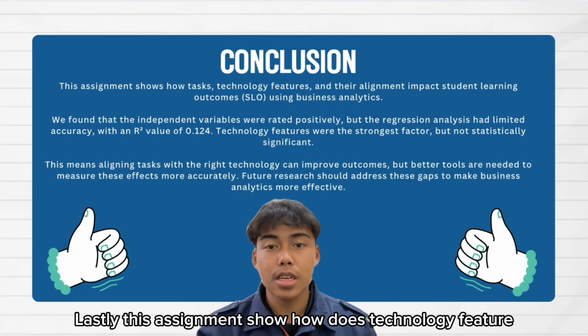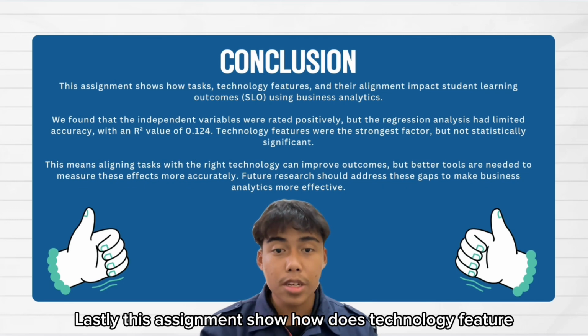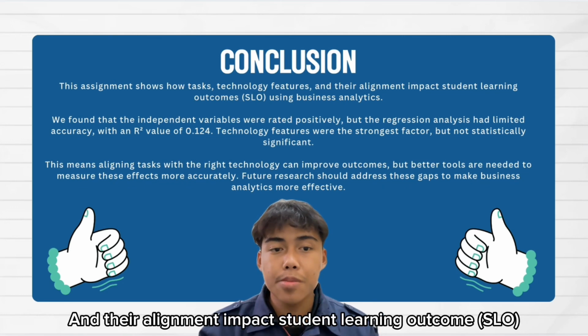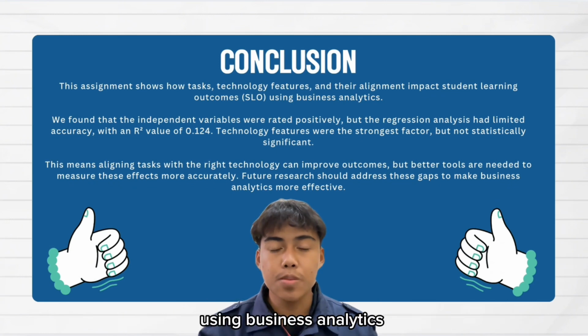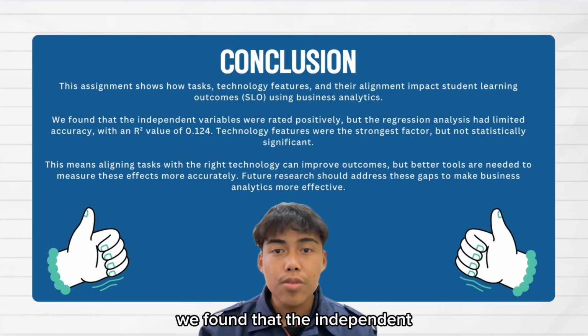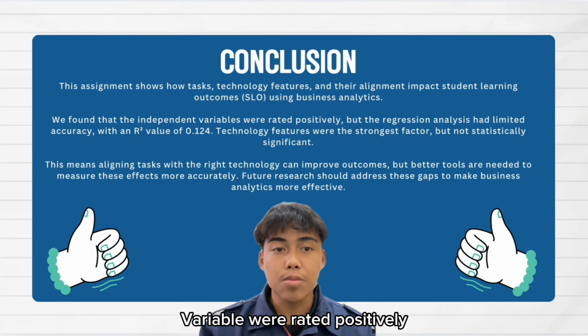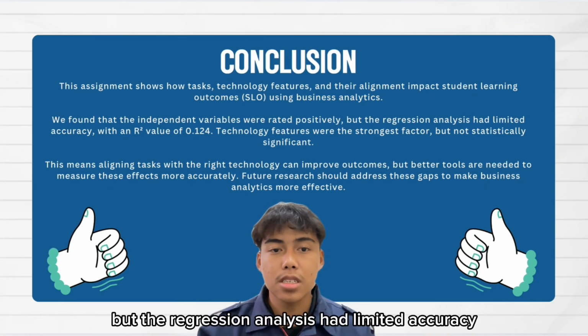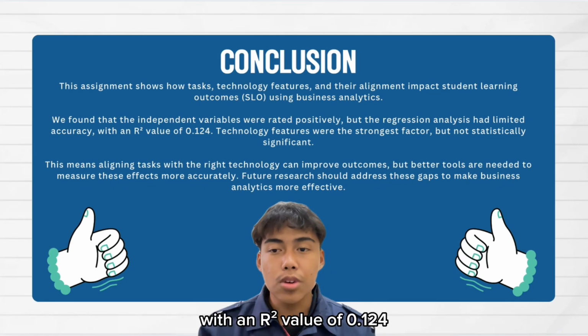Lastly, this assignment shows how task, technology feature, and their alignment impact student learning outcome SLO using business analytics. We found that the independent variables were rated positively, but the regression analysis had limited accuracy with an R² value of 0.124.